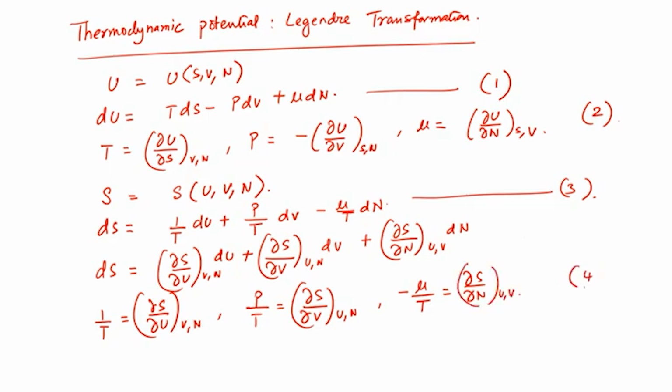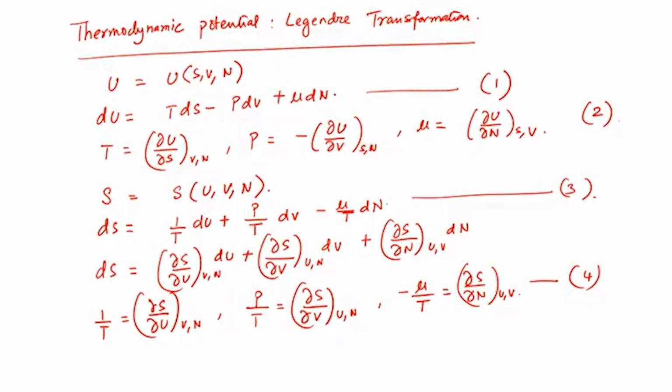Let us call this equation 4. So, these are nicely defined, just like we have used U to be a function of S, V, N, we can use S as a function of U, V, N, and there is an equivalent description using everything that we are aware of. Okay. So, these equations 1 and 3 are called the equations of state of the system.